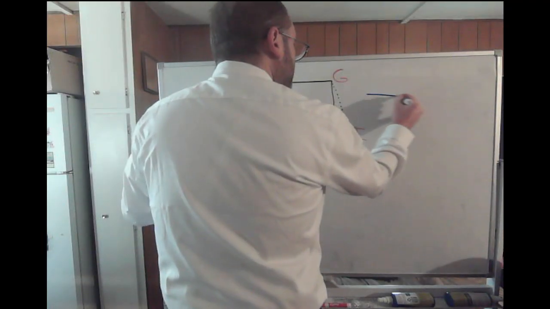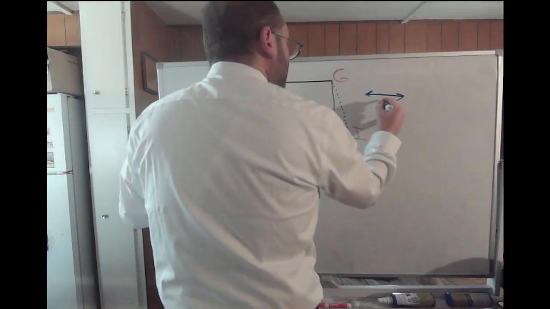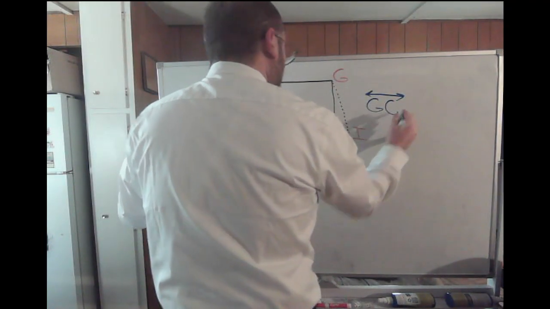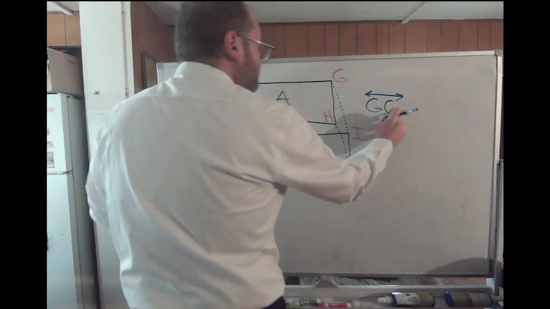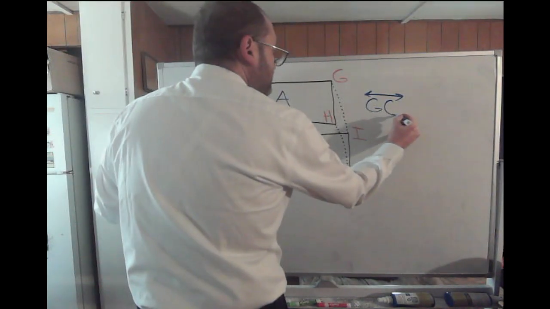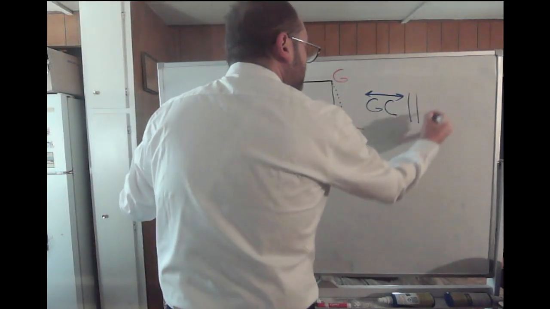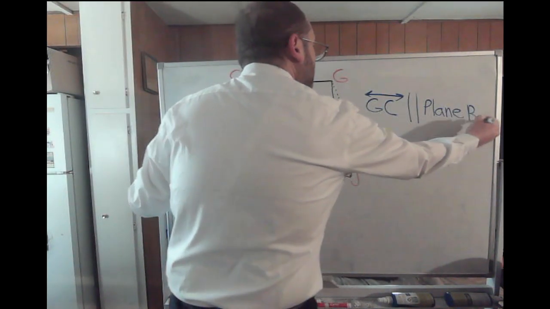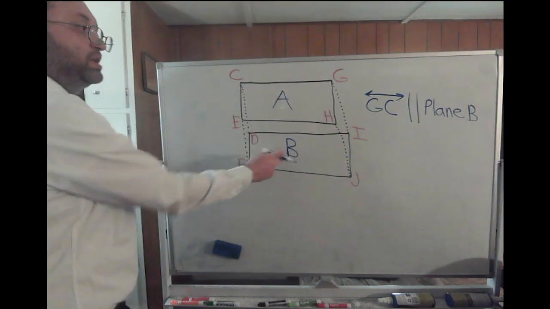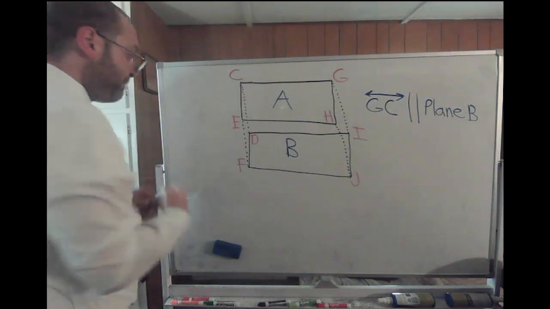So, you can say that line CG or GC, however you want to. Yeah, we'll just call that GC. It doesn't matter where you start for the line. Line GC is parallel to plane B, because line GC and plane B never touch.